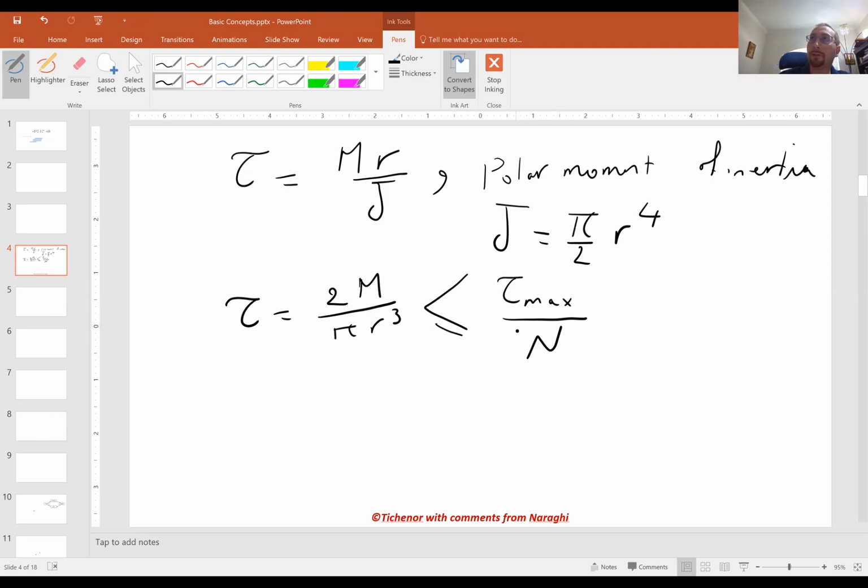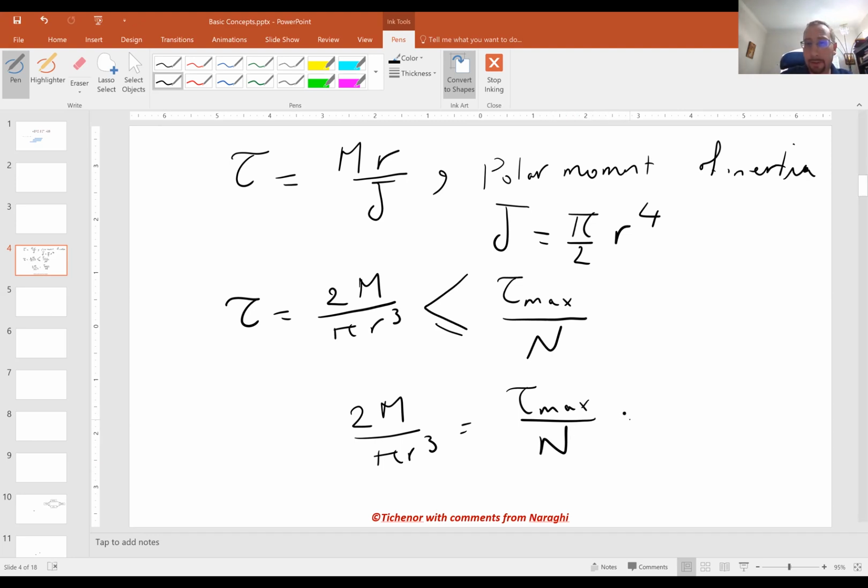This is to account for any uncertainty in material properties or geometry and all that. So in the limit, I can set them equal to each other, and I can say 2m over pi r cubed is equal to tau max divided by n.